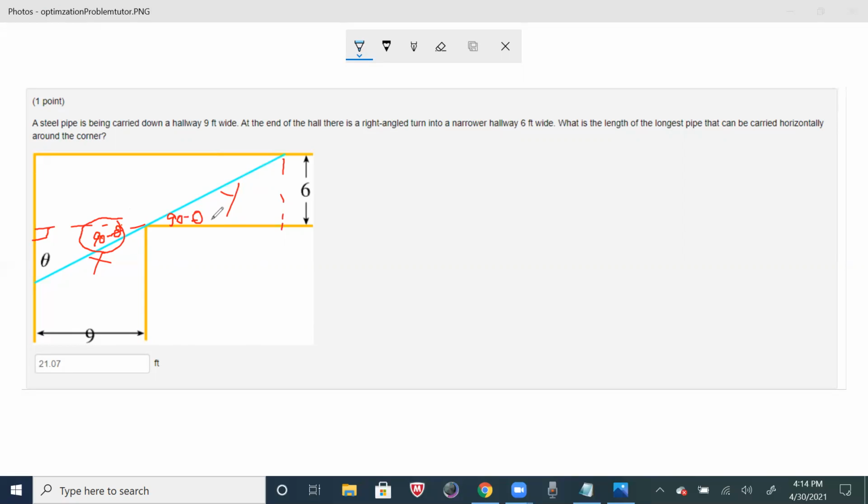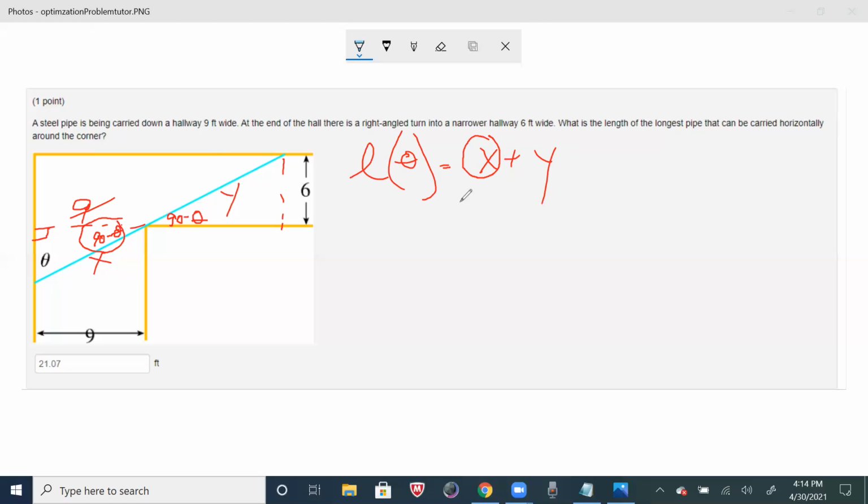Okay. And now you can write equations for the length as a function of theta. In other words, if the length as a function of theta is equal to x plus y, that actually doesn't make any sense, because when you say the length as a function of theta, you're supposed to find nothing but thetas on the other side. But we can convert that x into a theta, because we know this distance right there is 9, and we know that the sine of theta is 9 over x.